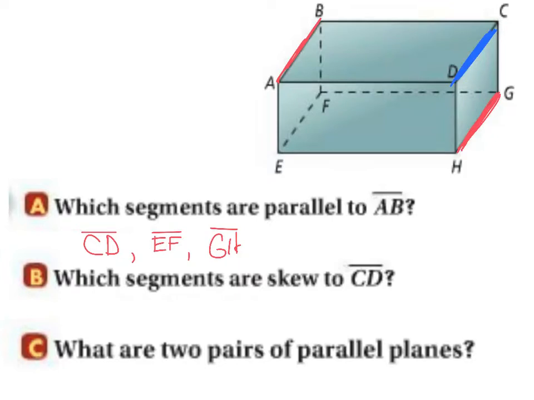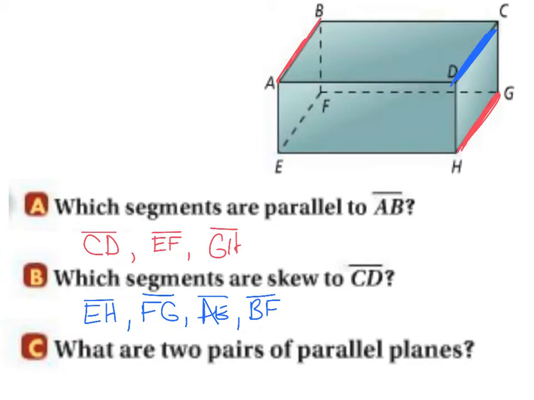Everything else is going to hit that blue line. So let's go ahead and list those out. We said EH and FG, those two horizontal ones, and then AE and BF, those vertical ones. Those would be lines that are skew.